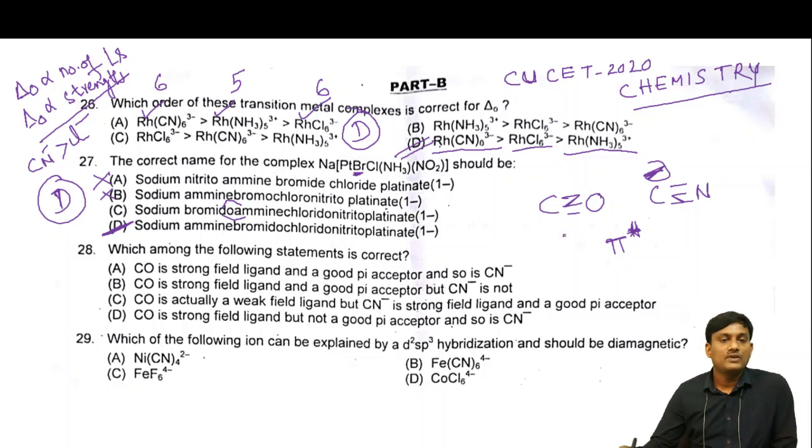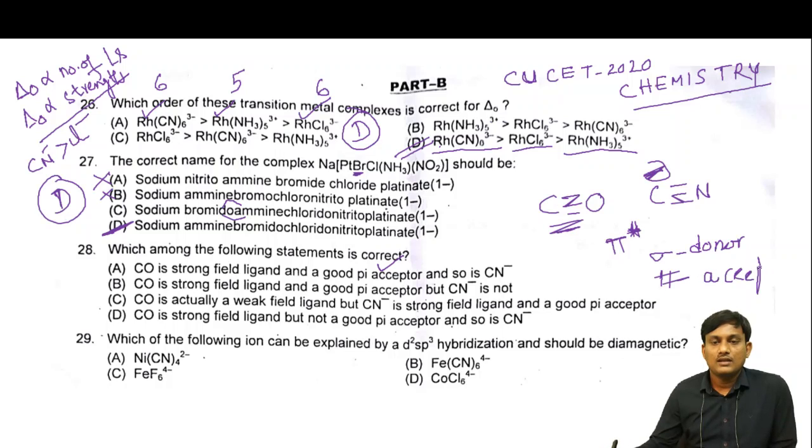When a ligand has pi star orbitals, it can accept electrons from a metal, so it can act as a pi acceptor. And also it is a sigma donor. CO and CN- are both sigma donors and pi acceptor ligands, and both are very strong field ligands.